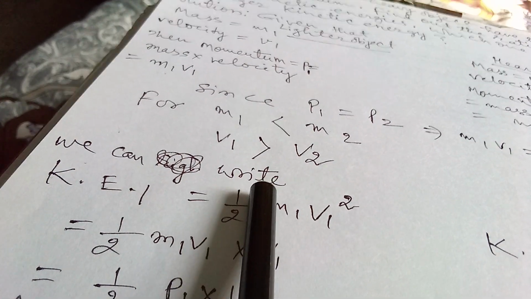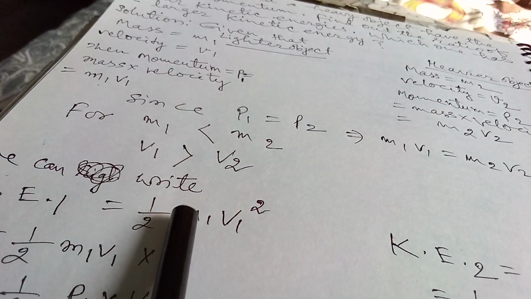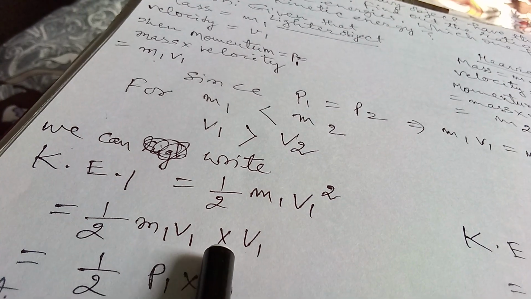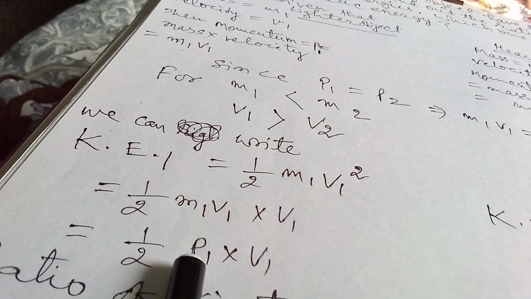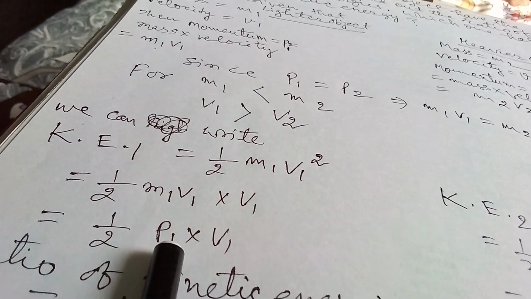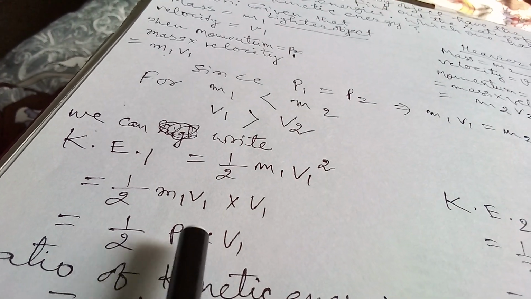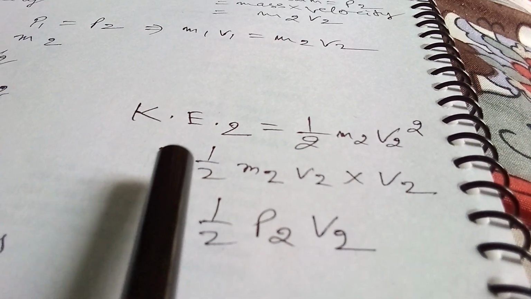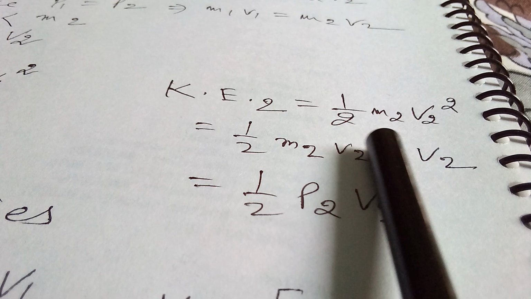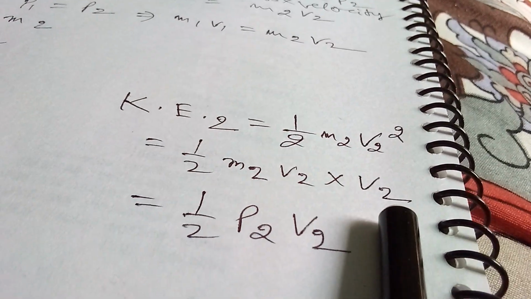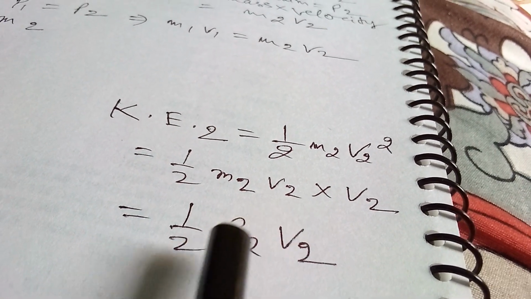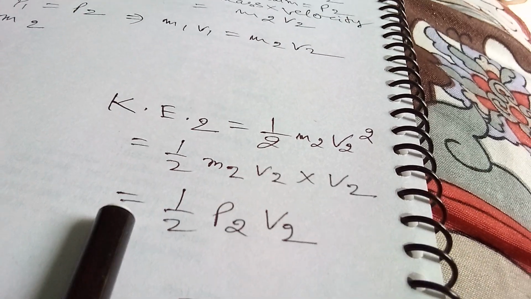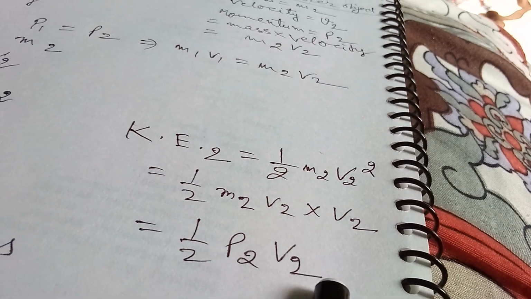And so kinetic energy 1, half m1 v1 square, can be written as half m1 v1 into v1, and m1 v1 is p1, so it can be written as half p1 v1. And kinetic energy 2 is half m2 v2 square, that can be written as half m2 v2 into v2, and m2 v2 is p2, so kinetic energy 2 equals 1 by 2 p2 into v2.